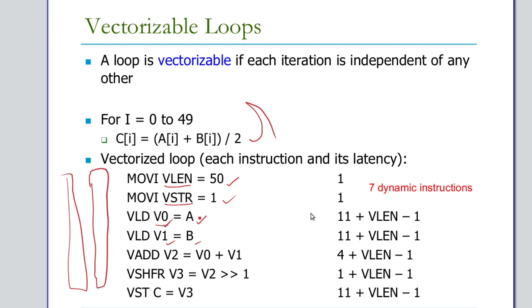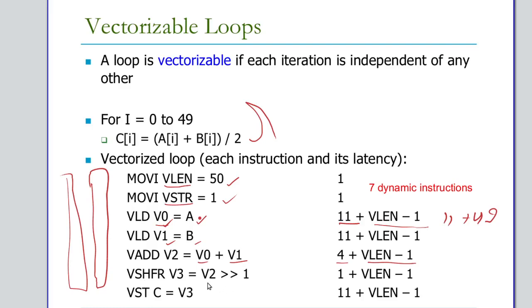For loading one vector, you will take 11 plus vector length minus 1, which is 11 plus 49. For loading the second also, you will take 11 plus 49. For addition, you will perform vector addition. It is also pipelined, so the first addition will take 4 clock cycles, and the rest of the outputs will start coming in just 1 clock cycle each, right?